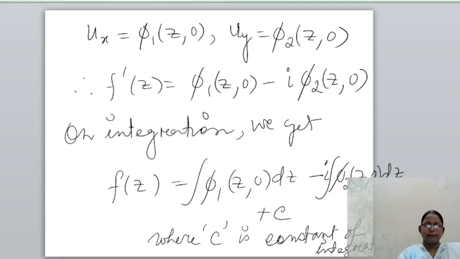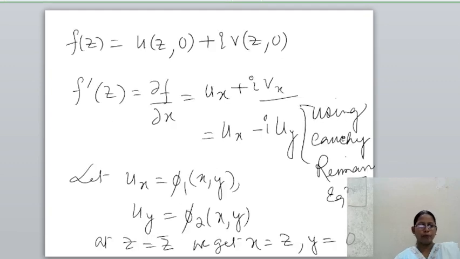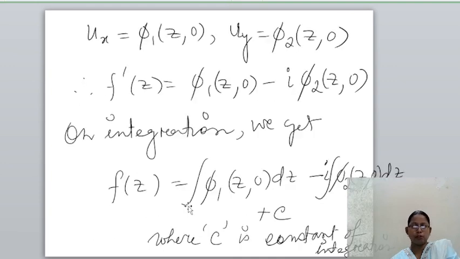That is, given u, we can find the corresponding analytic function.